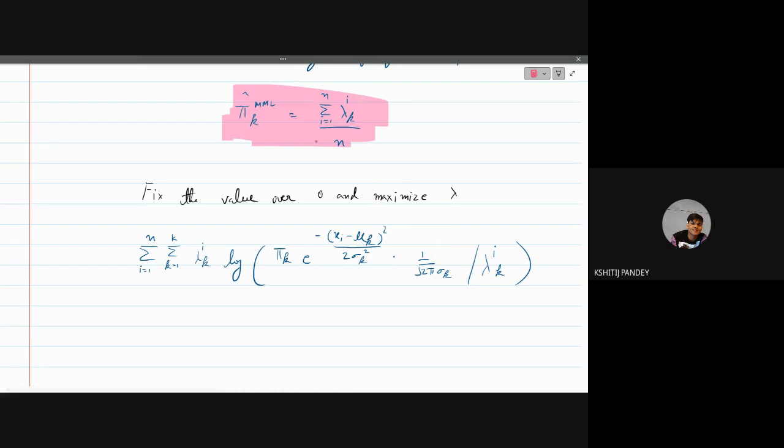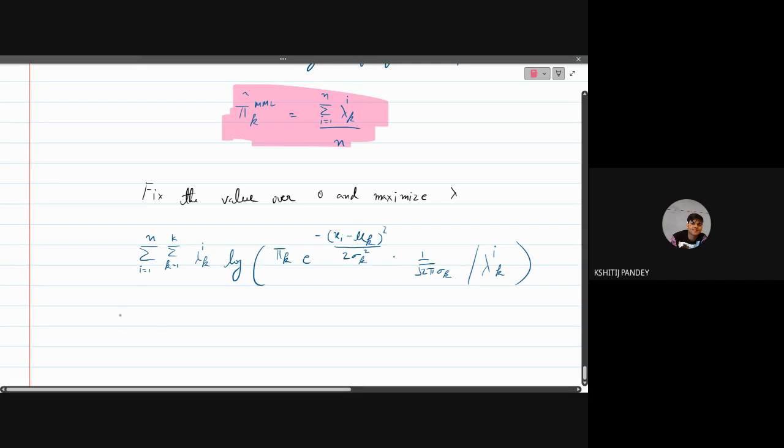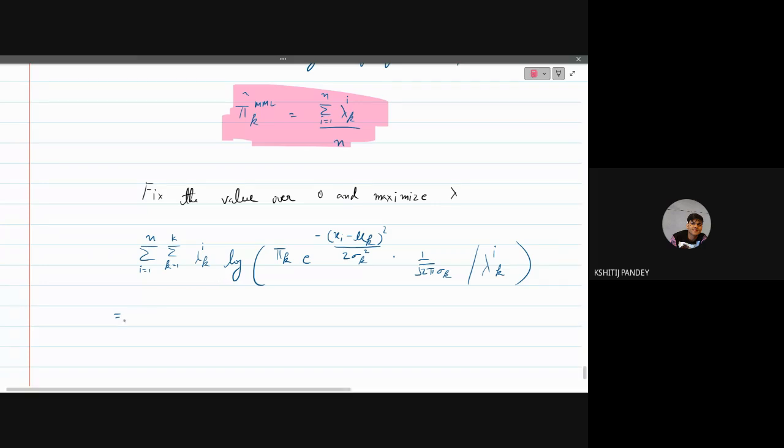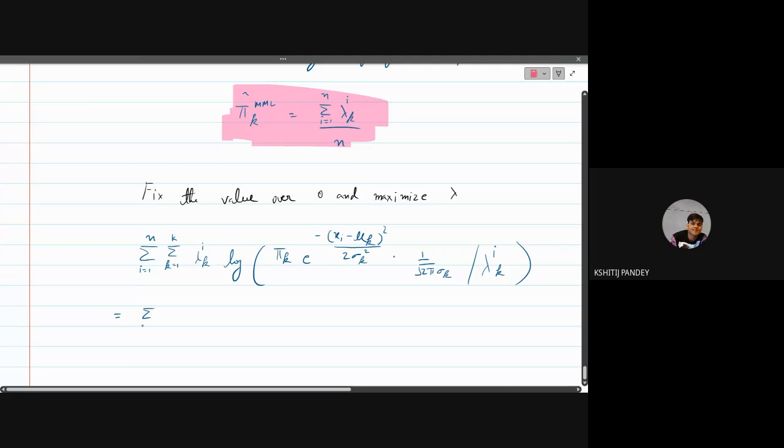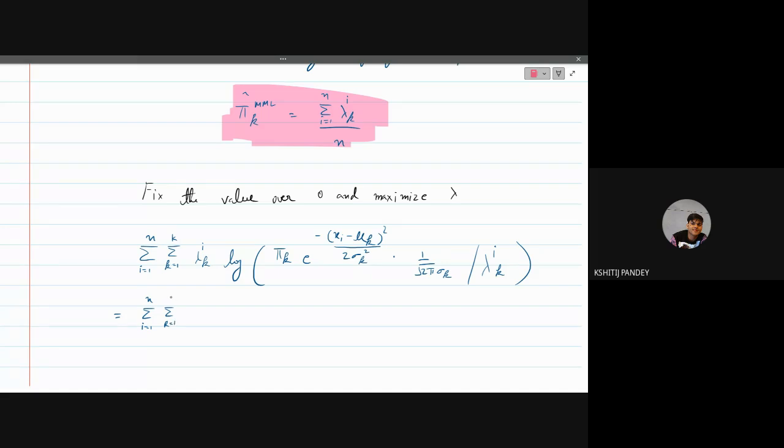And now once you take log, what happens? So now we'll use the property of log simply. So this is summation i from 1 to n, then summation k from 1 to capital K. Then you take log of this, so this is one term. So simply you have log of this multiplied with lambda ki.